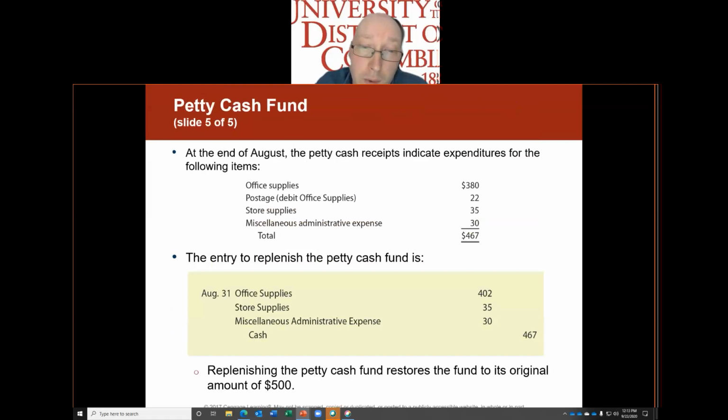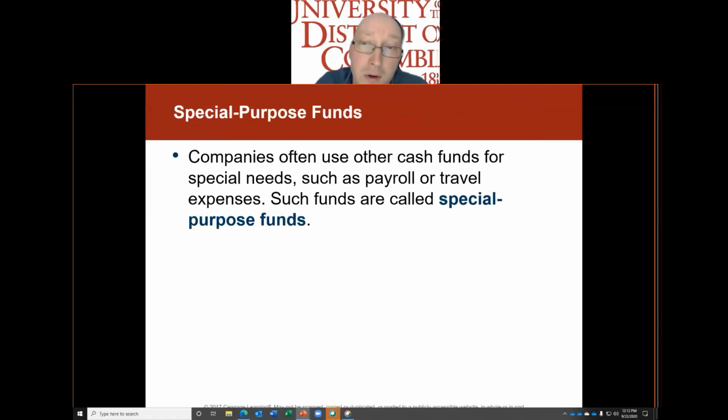We talked a little bit about petty cash. Let's talk about this one. Special purpose funds. Sometimes companies will use an account called a special purpose fund. It's often used when cash funds are used for special needs, such as payroll or travel expenses. It very rarely happens.